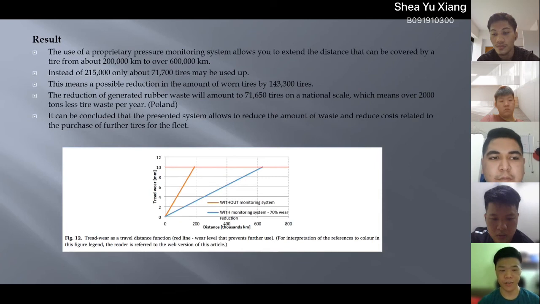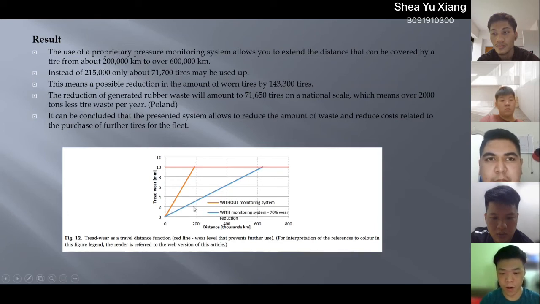So for the result, the use of these pressure monitoring systems allows you to extend the distance that can be covered by the tire from about 200,000 kilometers to over 600,000 kilometers. So you can see from this graph.